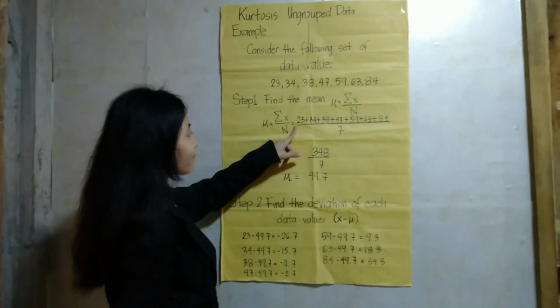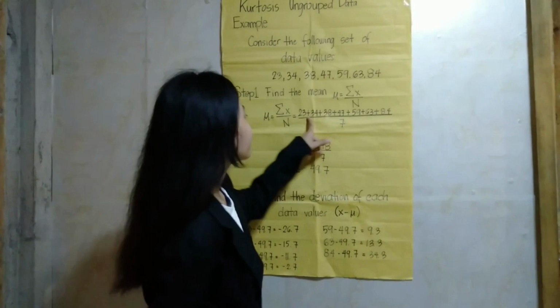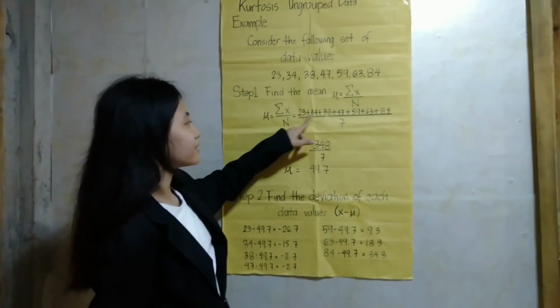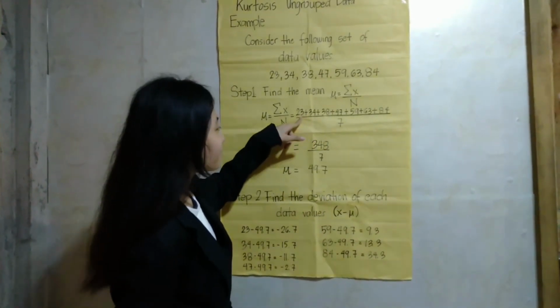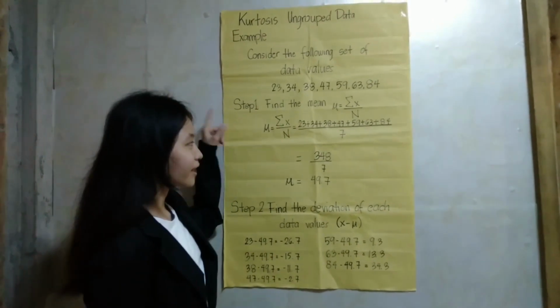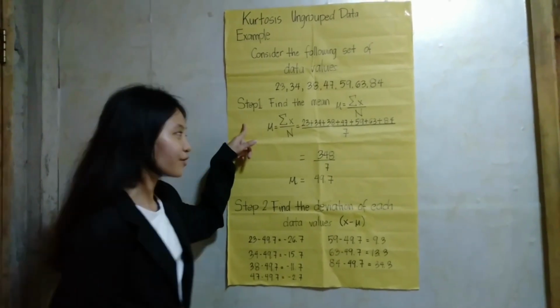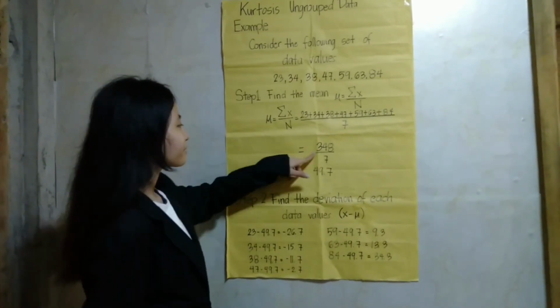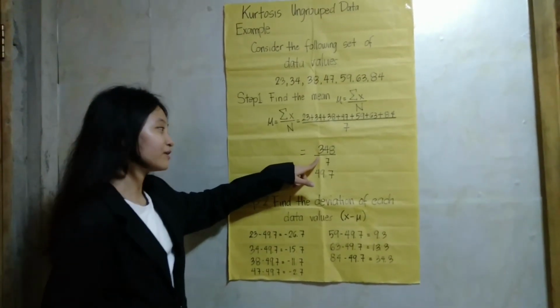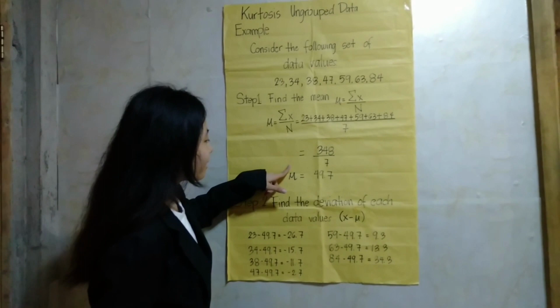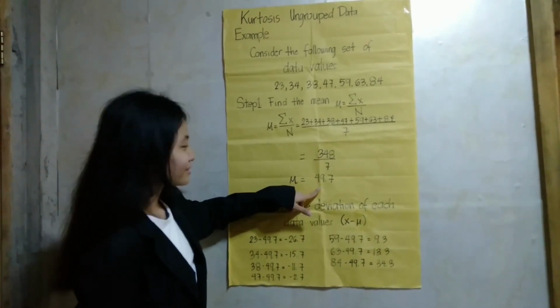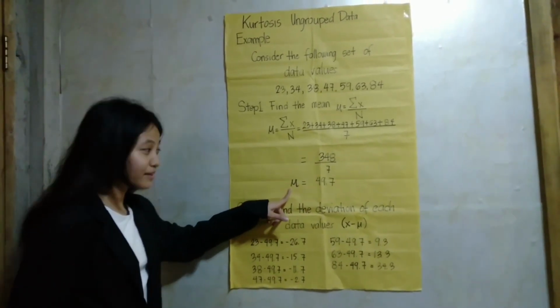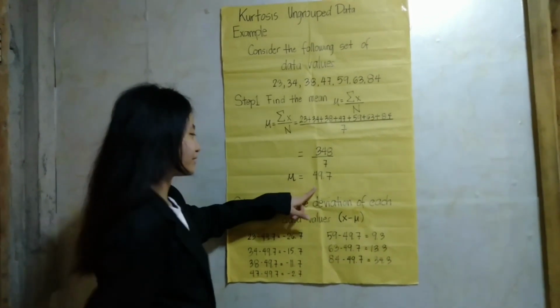So we have to add all of the variables. 23 plus 34 plus 38 plus 47 plus 59 plus 63 plus 84 divided by 7 equals 348 divided by 7 equals 49.7. Therefore, the mean is 49.7.